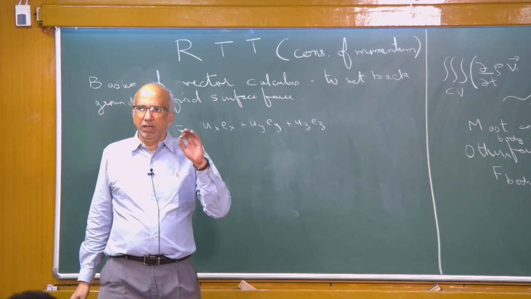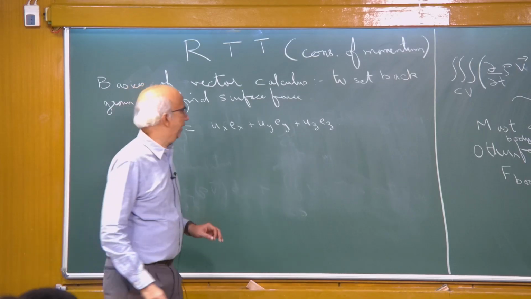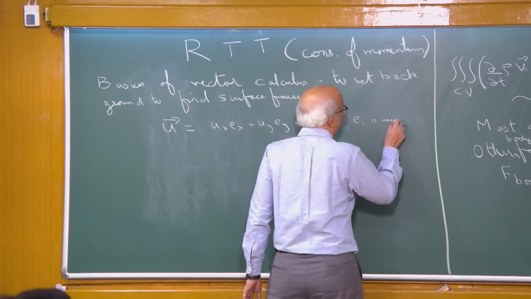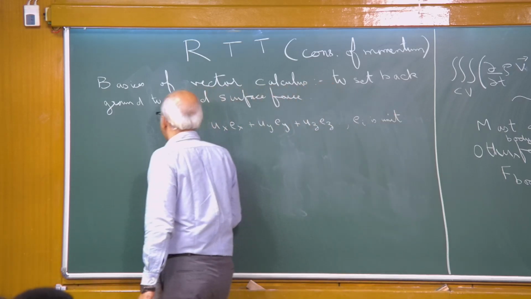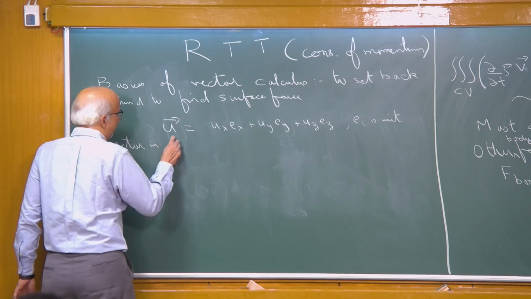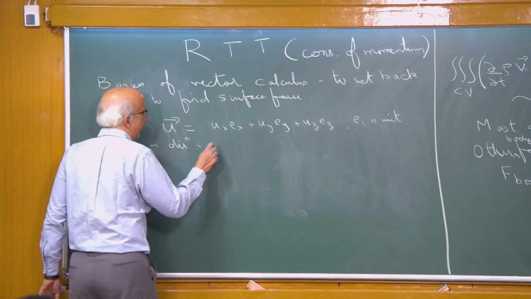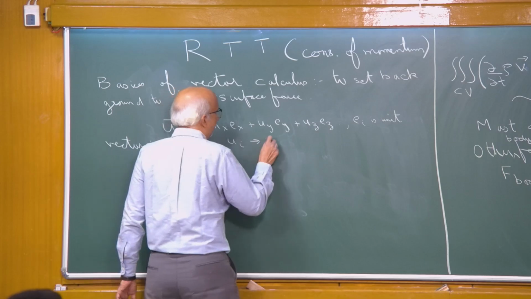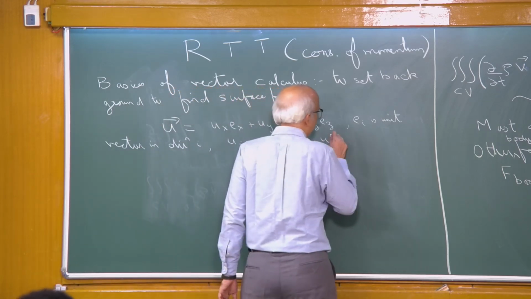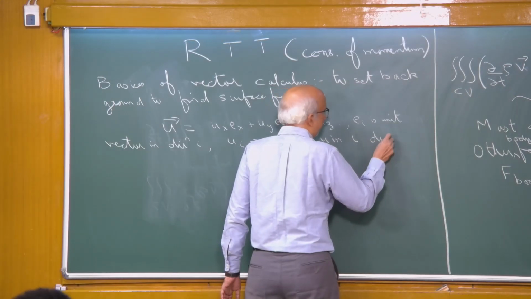E are the unit vectors. So, ei is the unit vector in the direction i, and ui is the component of u in the i direction, okay.